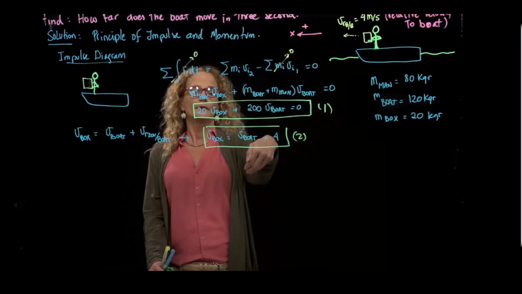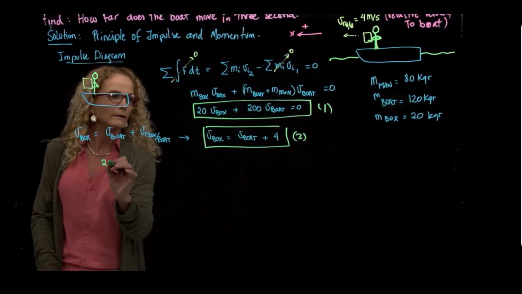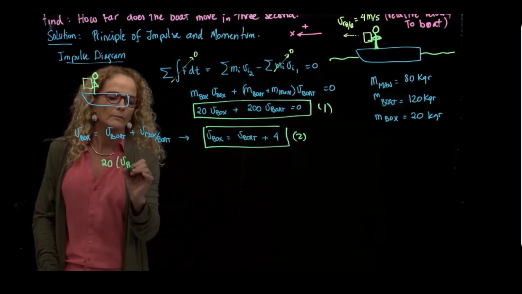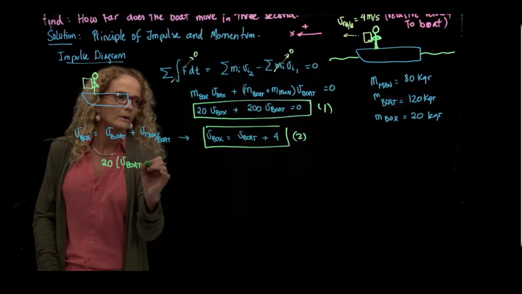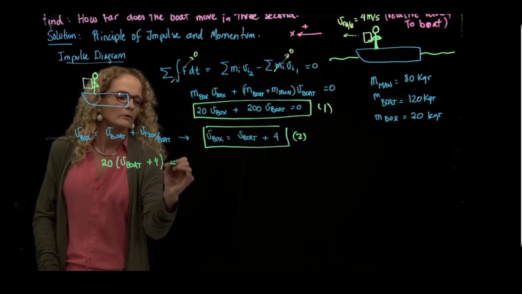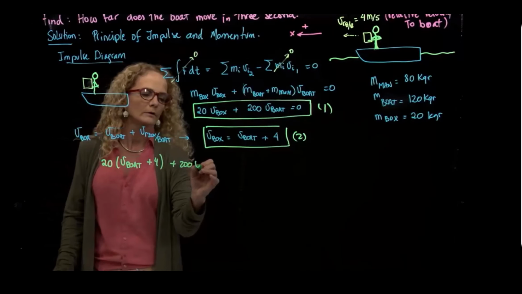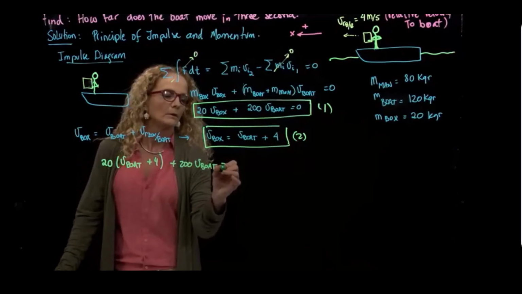Let's solve this system. We have 20 times the velocity of the boat plus 4, plus 200 times the velocity of the boat, equals 0.